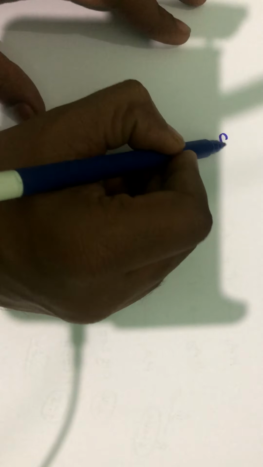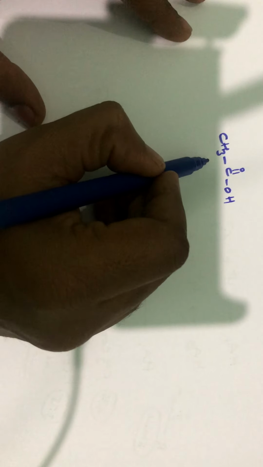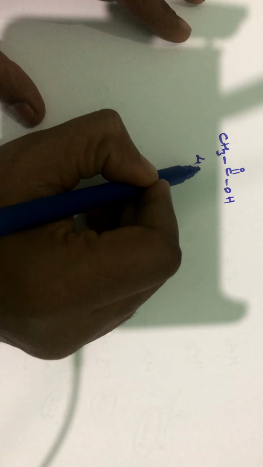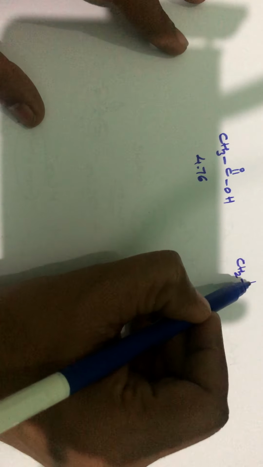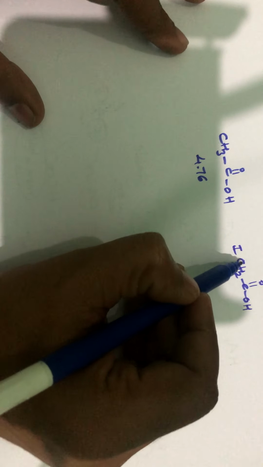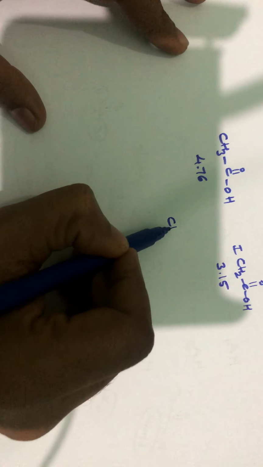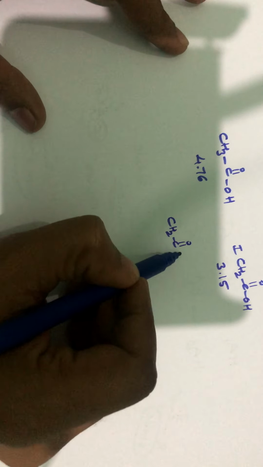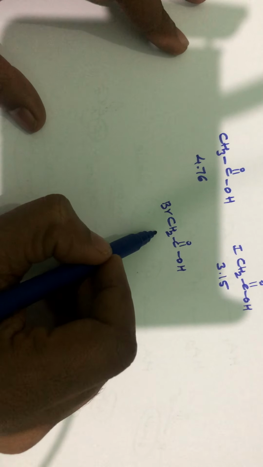For example, CH3COOH has a pK value of 4.76. If you take CH2(I)COOH, with iodine, its pK value is 3.15. CH2(Br)COOH, with bromine, its pK value is 2.86.